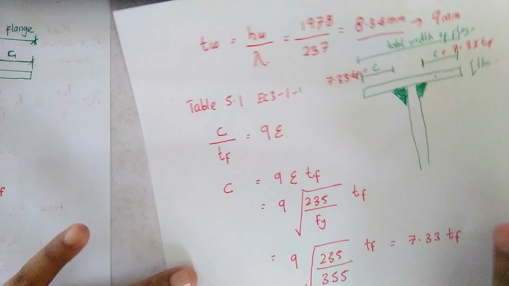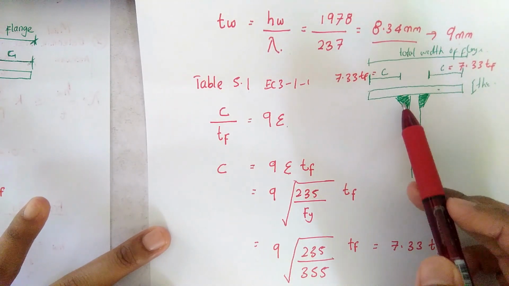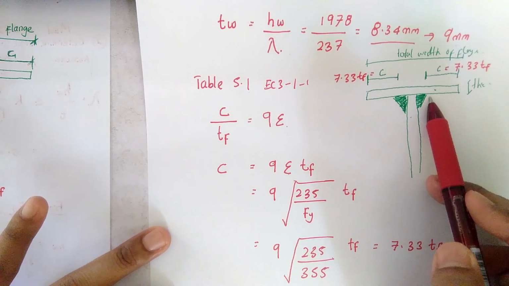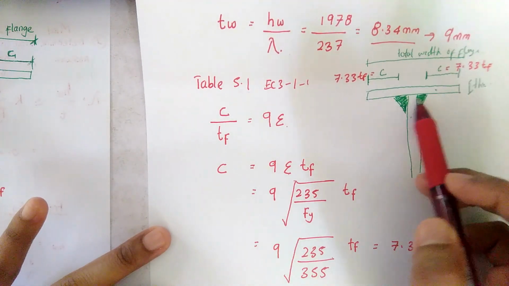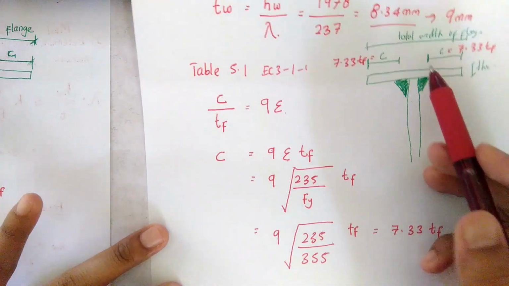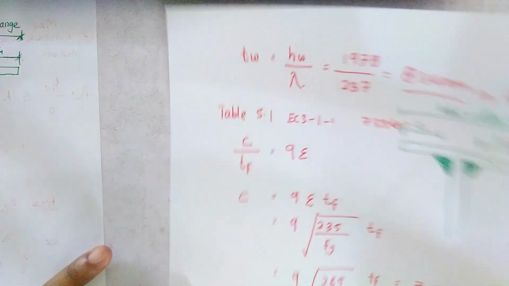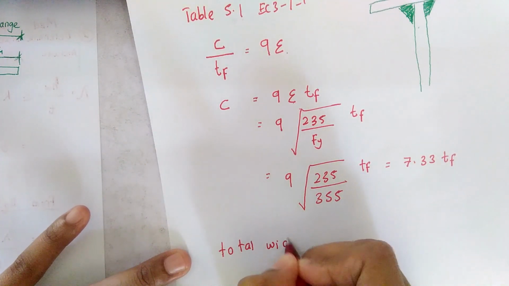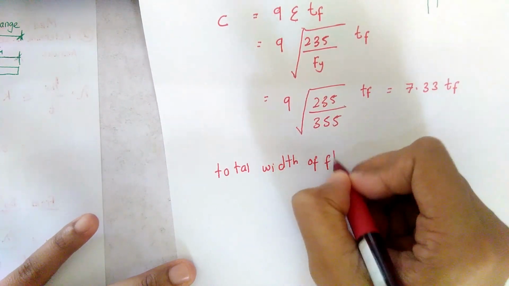For the total width of the flange, we ignore the effects of the thickness of the web and also the welded sections, because we are designing, so we assume we ignore this by just considering that the total width is C1 plus C2.